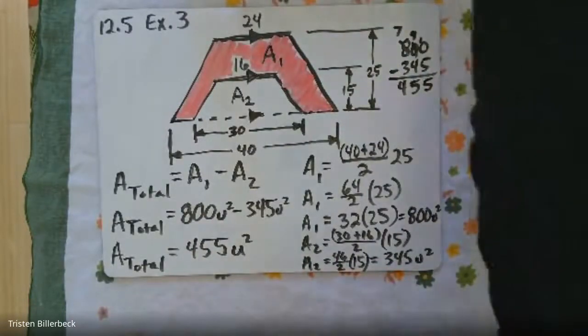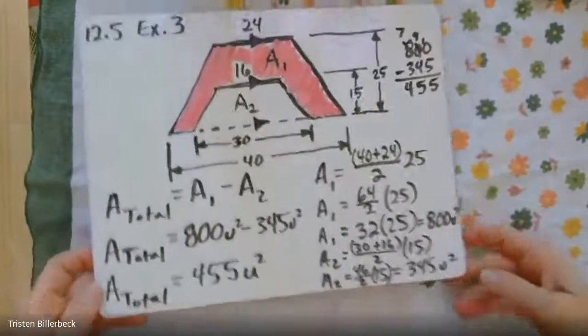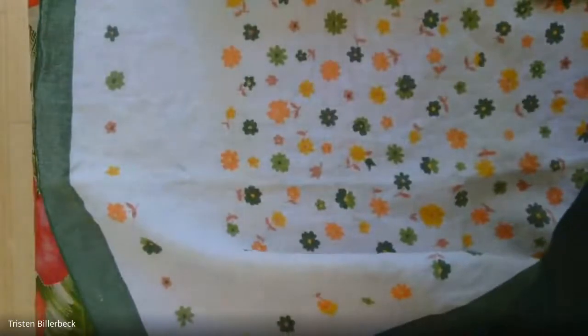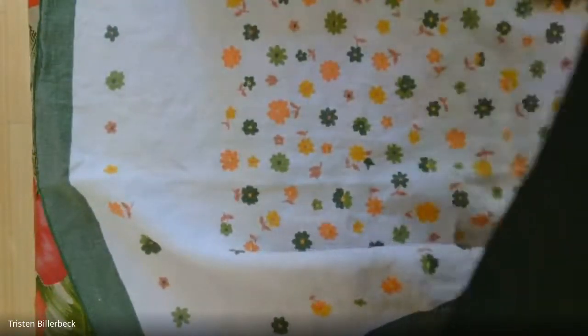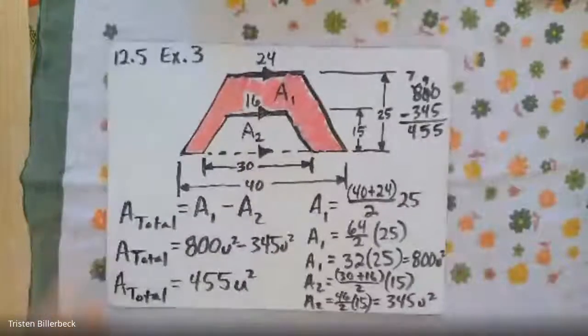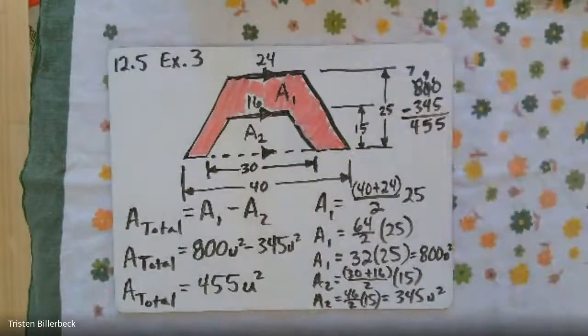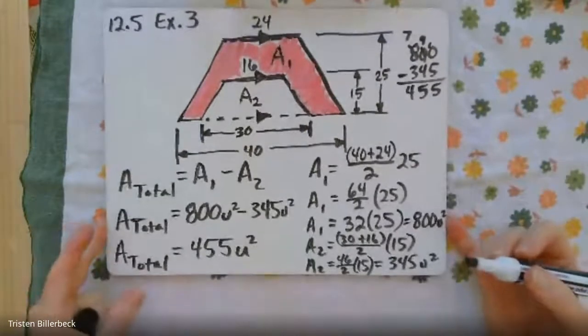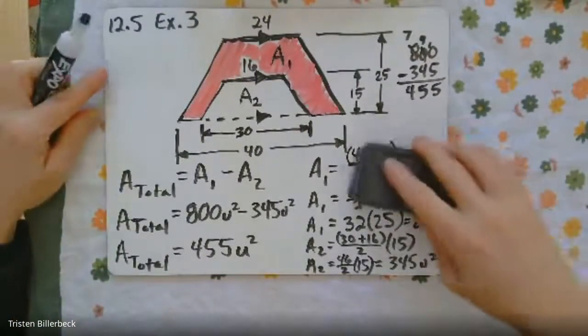I wonder why they did perimeter in this one. Well, actually, let's pretend. Okay, so we're going to pretend that if we were doing the perimeter of this, let's erase all this.